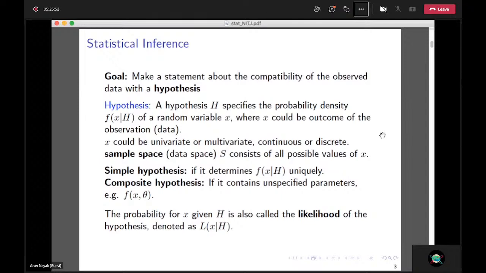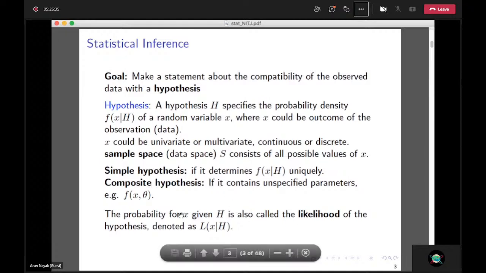X could be some univariate or multivariate variables, continuous or discrete. The sample space is the data space S, which consists of all possible values of X. If the hypothesis determines the probability density uniquely, such a hypothesis is called a simple hypothesis. Or if it contains unspecified parameters, say some parameters theta, and the hypothesis depends on that unknown theta, such hypotheses are called composite hypotheses.